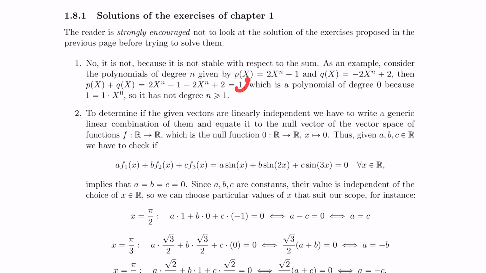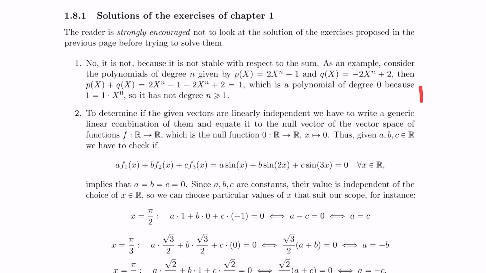However, 1 can be interpreted as 1 times x to the power 0. So the sum of two polynomials of degree n gives rise to a polynomial of degree 0. For this reason, the sum is not a stable operation in the set of polynomials with exactly degree n.